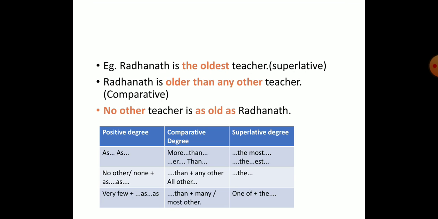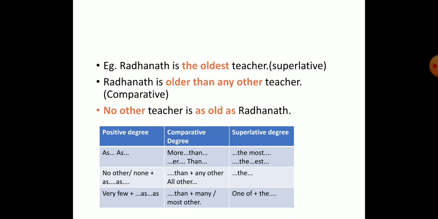As you can see on your screen, what I have done, my dear students, is very simple. You can see here the comparative becomes old, is older, and you can also see there is a than. Now, if I want to make the same sentence in the positive degree, very simple. You can have a look at the table. In the superlative, after than, any other, all other in the comparative, and our positive will start with no other, none.